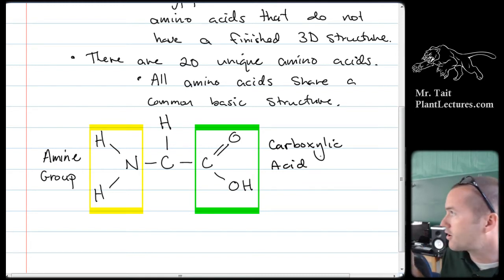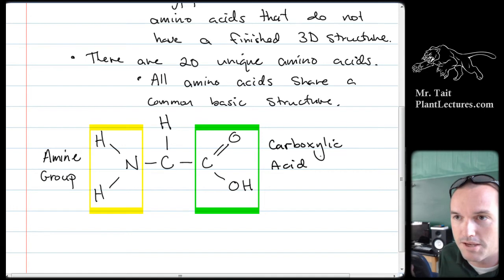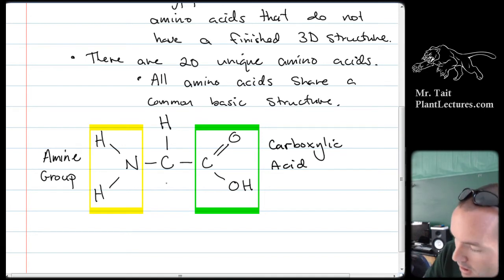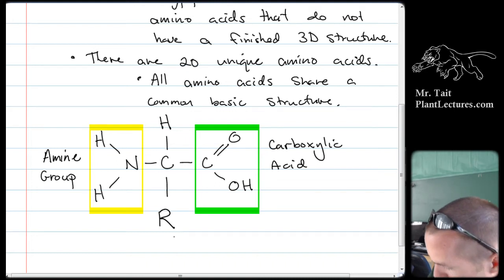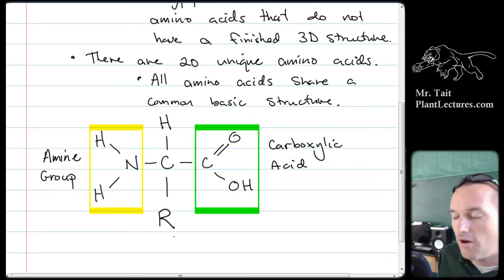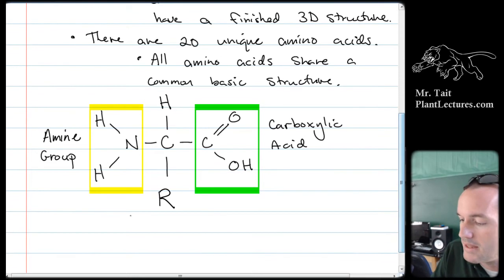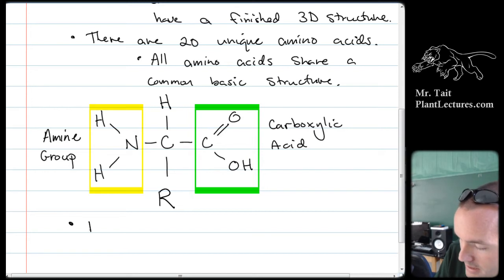You might notice that the carbon only has 3 things bonded to it. That's because there's one more part. The other part comes down like this, and it is called the R group. Okay? The R group, or the side chain, is the thing that is unique for each of the amino acids.